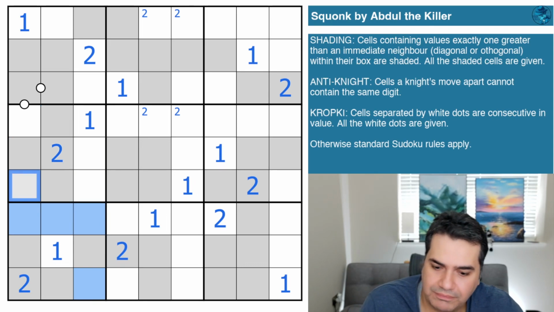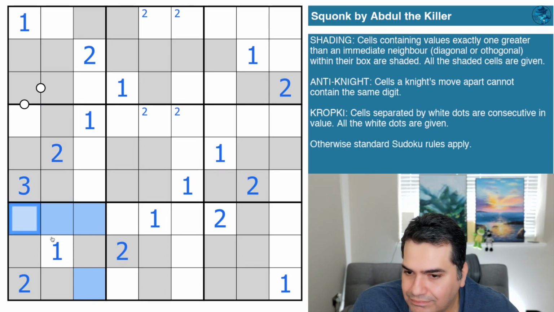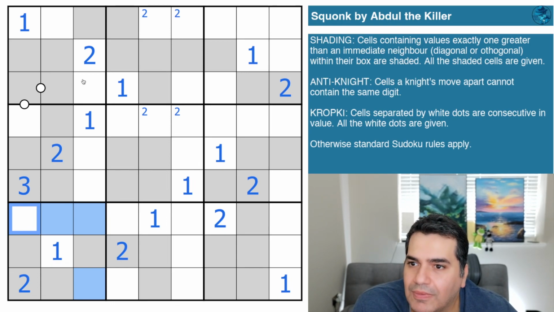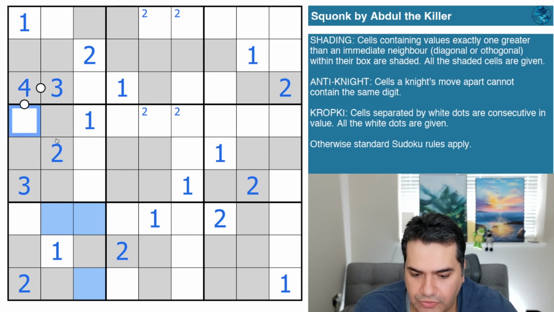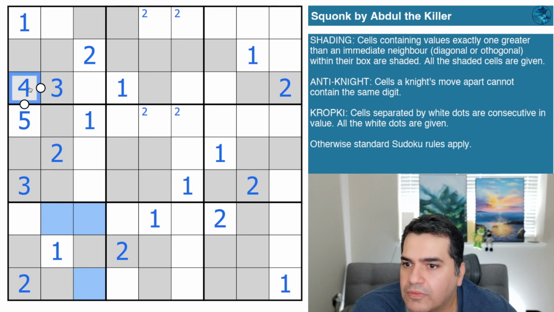This is a 3. That's not a 2. It's got to be a 2 or 4. That's a 4. That's not a 3. That's a 5. 4 is greater than 3. 3 is greater than 2. 2 doesn't see the 1. We're off and racing.